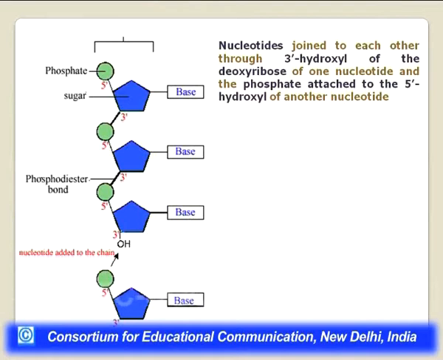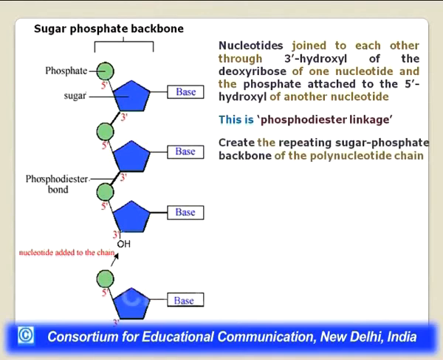So, one unit is attached to another unit, and to a third unit, by these phosphate linkages, in which the 3' hydroxyl group of one sugar is attached to the 5' phosphate group of the other nucleotide, and this linkage is the phosphodiester linkage. This creates the sugar phosphate backbone of the polynucleotide chain.